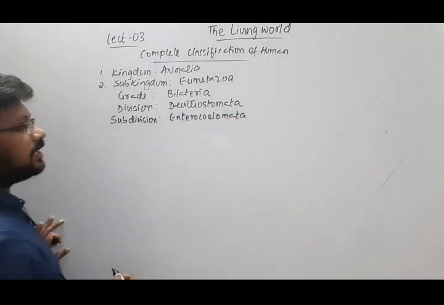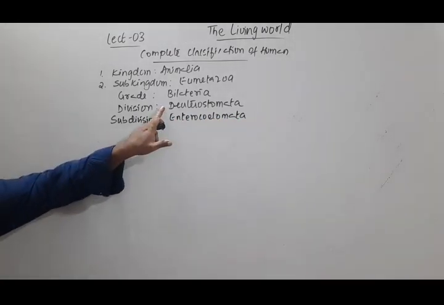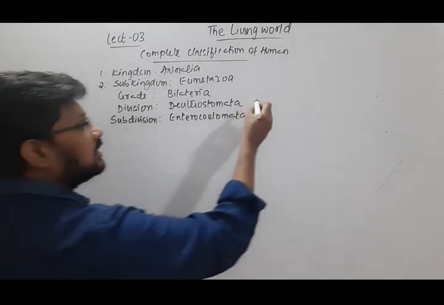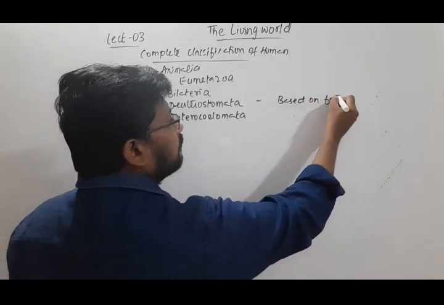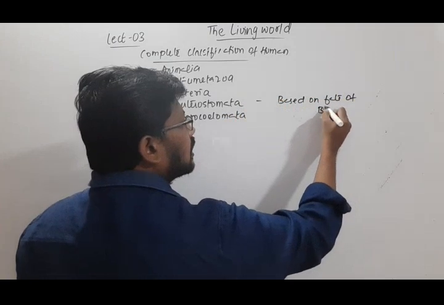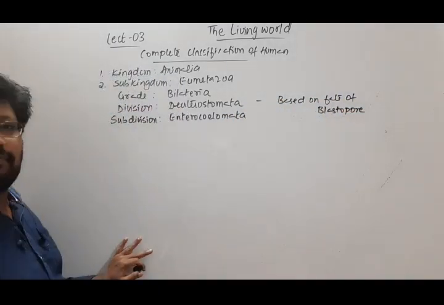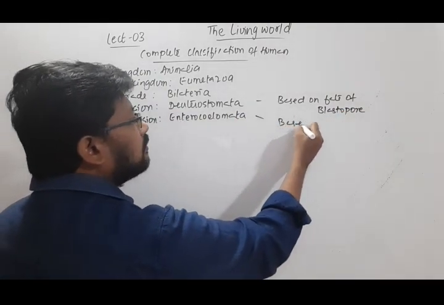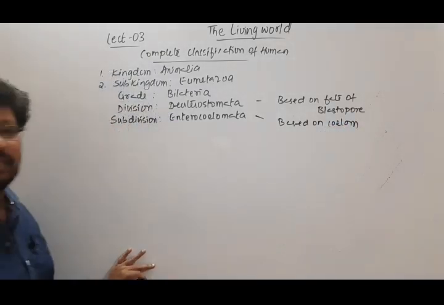Of course, this division, Deuterostomata, is based on the fate of the blastopore, and Enterocoelomata is based on the coelom, the cavity.